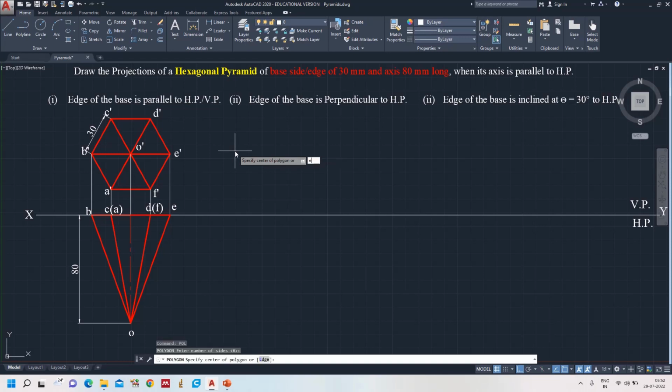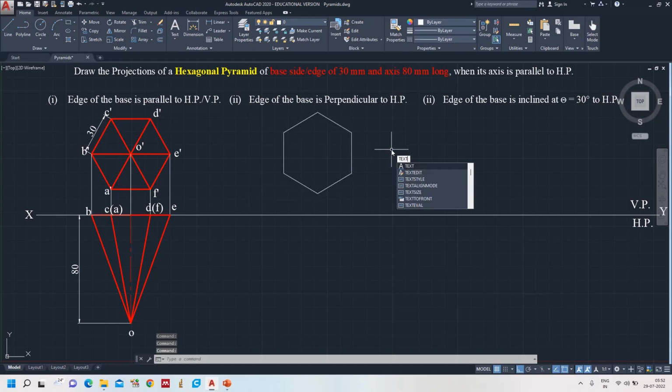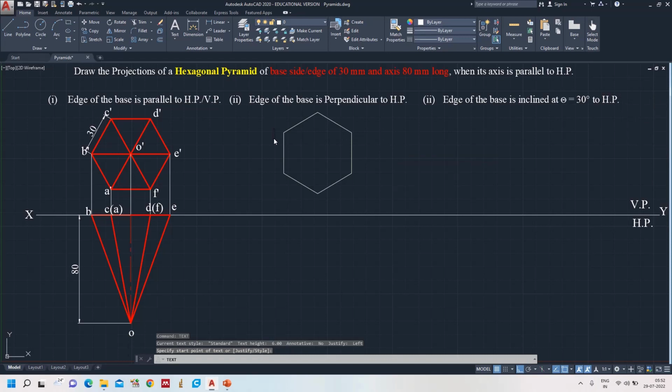Number of sides 6. Edge method. 30. So here I am writing it as A dash, and this is B dash, C dash, D dash, E dash, and F dash, and this is the apex point O dash.